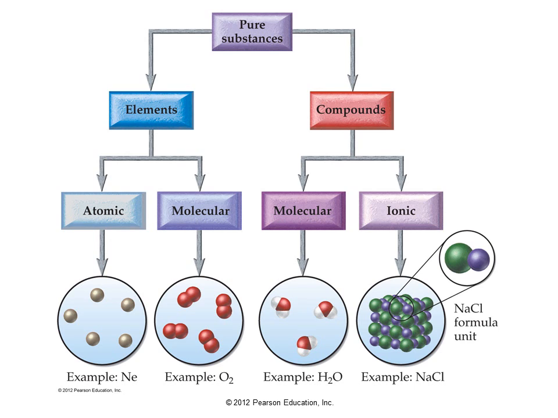Here's a general classification. Pure substances are either elements or compounds, but the compounds could be of the molecular type, that's like water, or it could be the ionic type, like sodium chloride. And elements then can be atomic, for instance like neon, or molecular, like O2, two oxygens together to form oxygen.